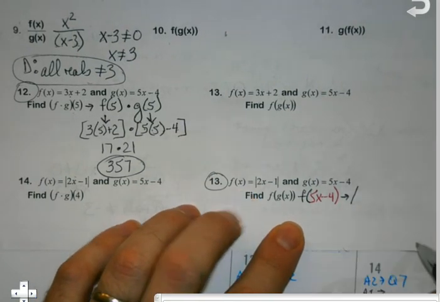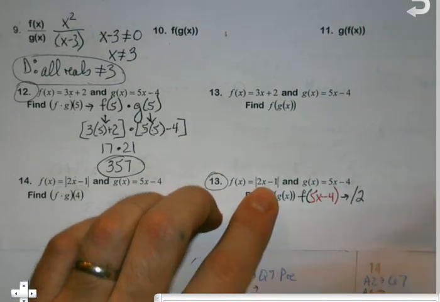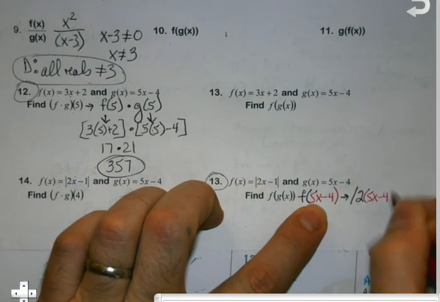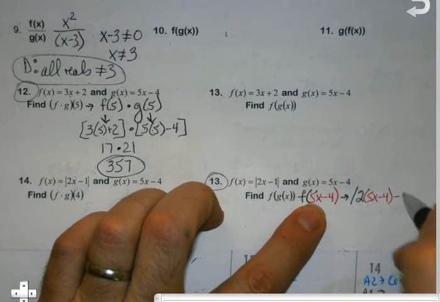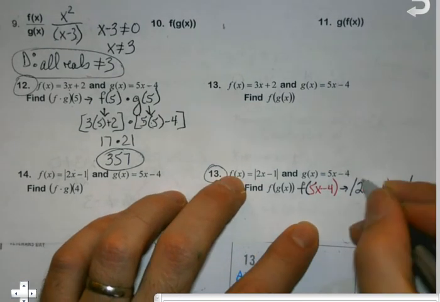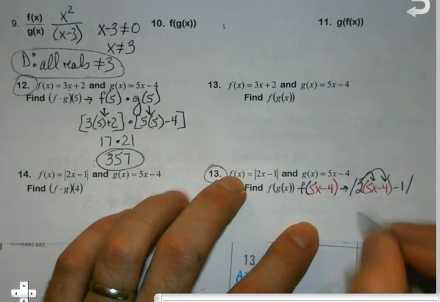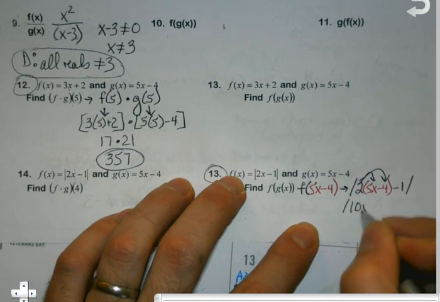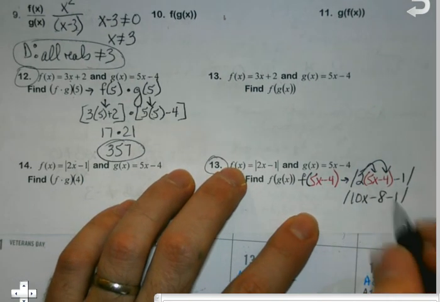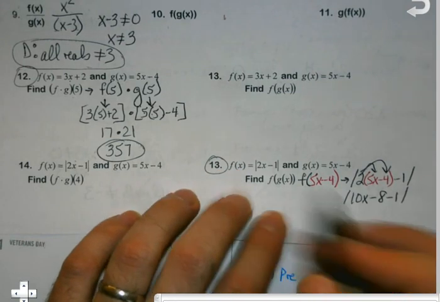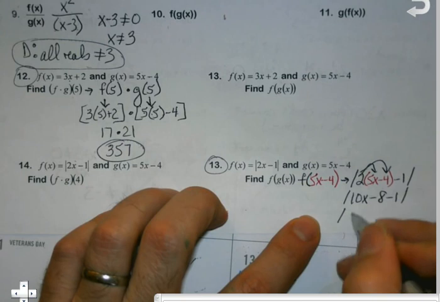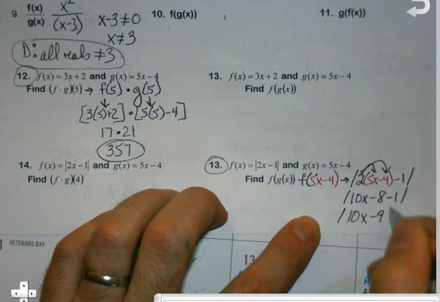We have the absolute value of 2x, but again, x is what's in the parentheses, minus 1. Distribute through. So 10x minus 8 minus 1. Absolute value? Yeah, absolute value. It's just part of my original functions.